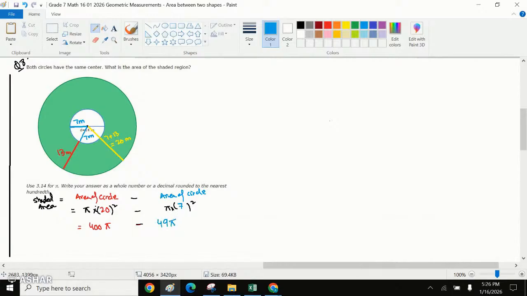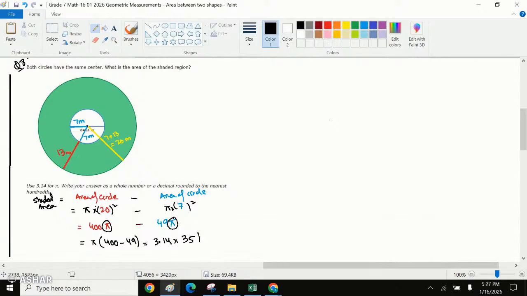Either we simply put the values into the calculator and simplify, or we can have pi common, because pi is here, and pi is also on the other side. That means 400 minus 49, that means 3.14 is multiplied by 351.